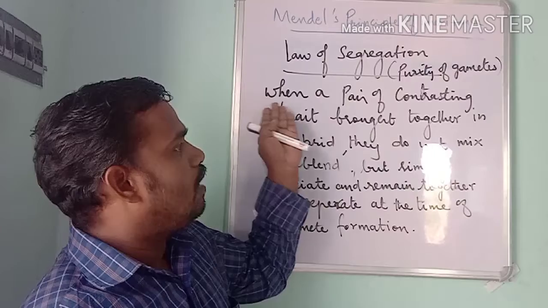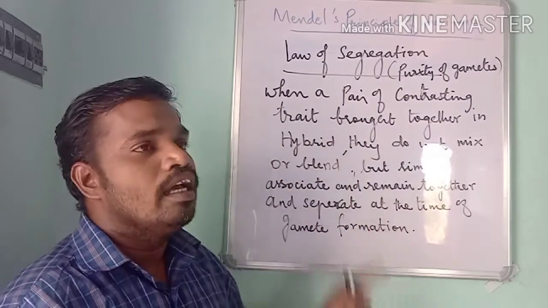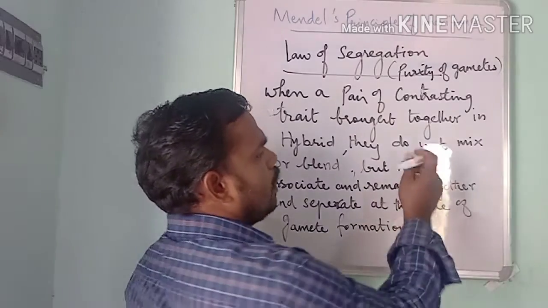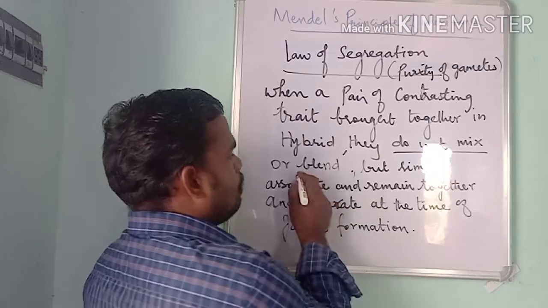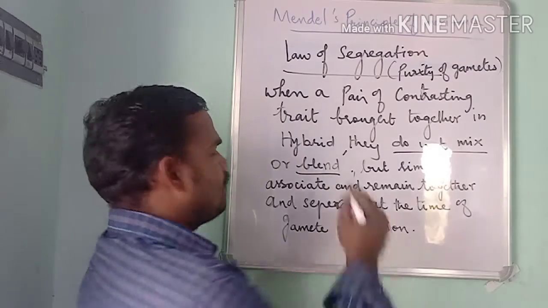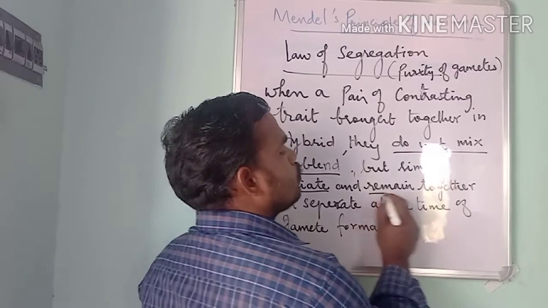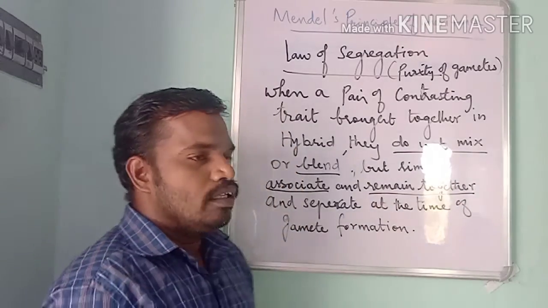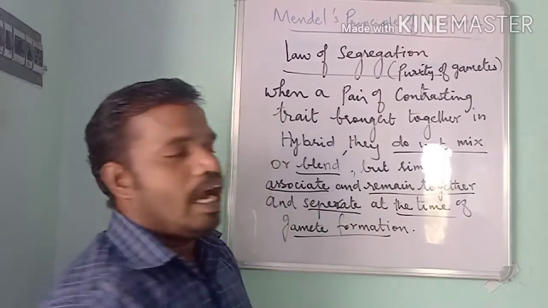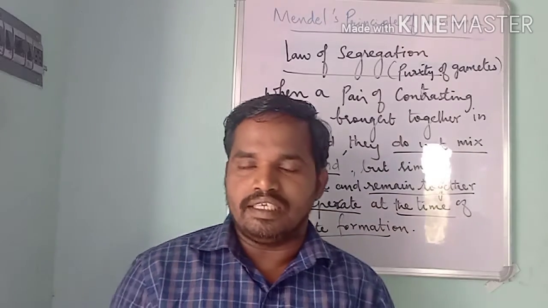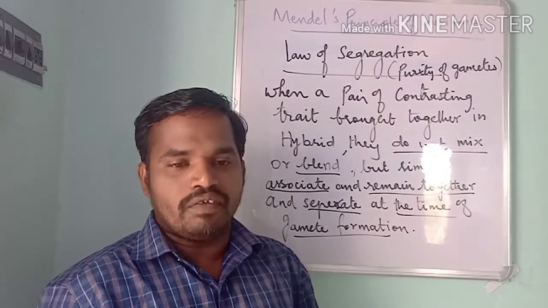That's why, when a pair of contrasting traits are brought together in a hybrid, they do not mix up or blend, but simply associate and remain together. They separate at the time of gamete formation and randomly reunite to form the trait. This is known as the law of segregation, or the law of purity of gametes.